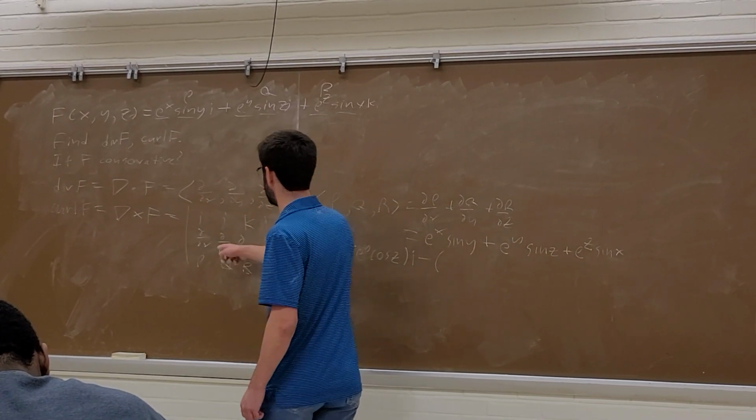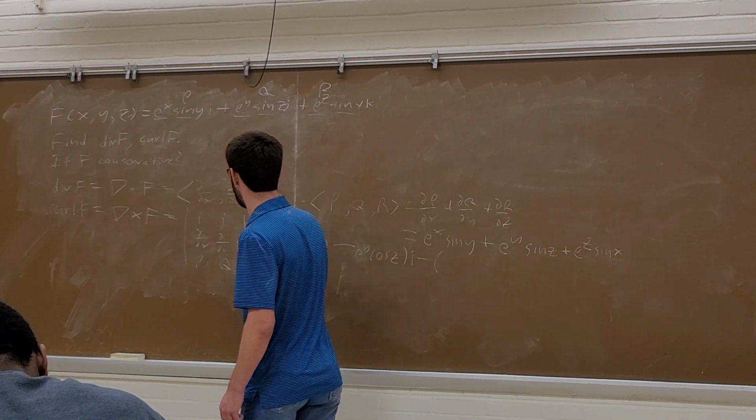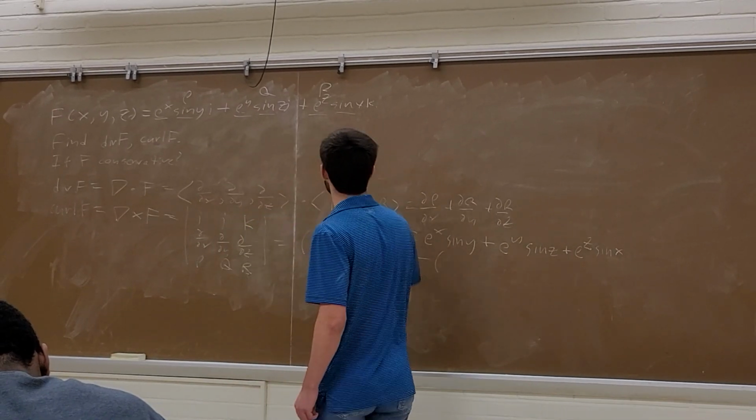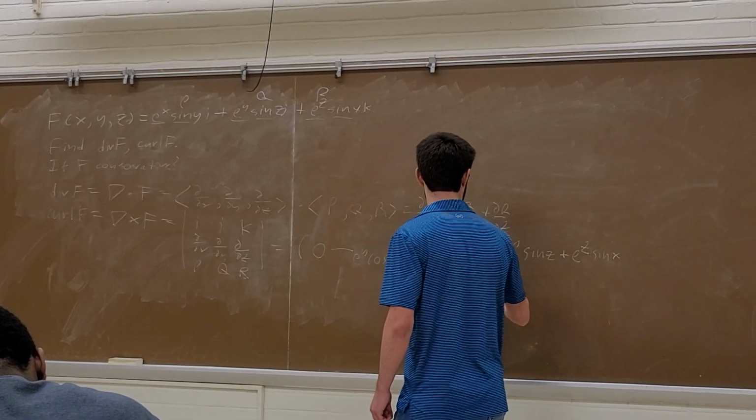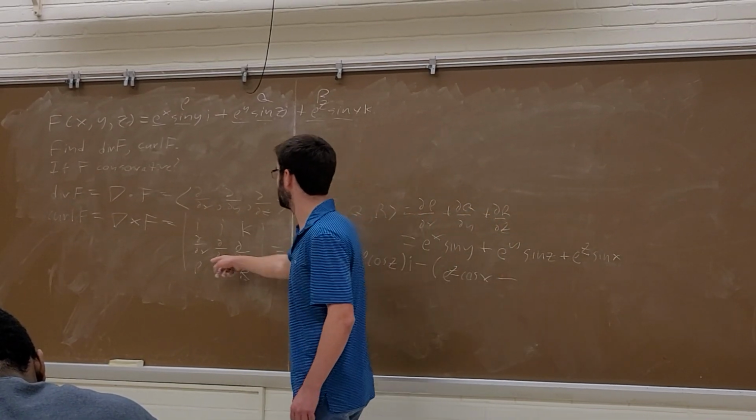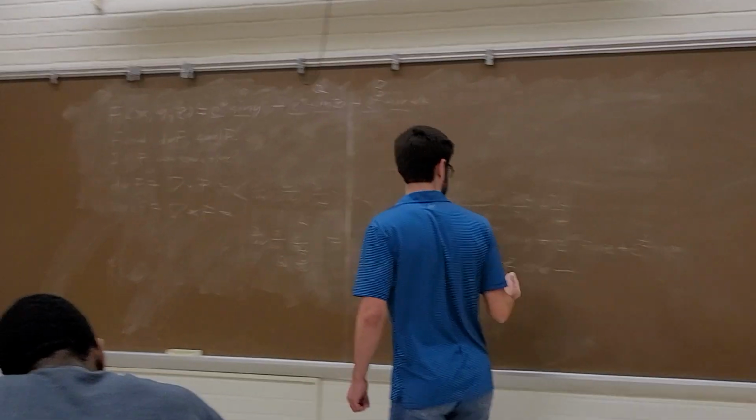Okay, yeah, so then we'll take dr dx, which will be e to the z cosine x. dp dz will be 0.